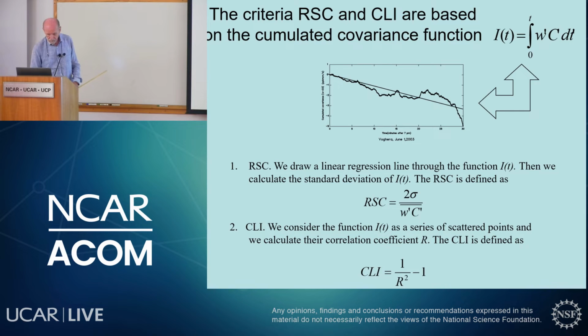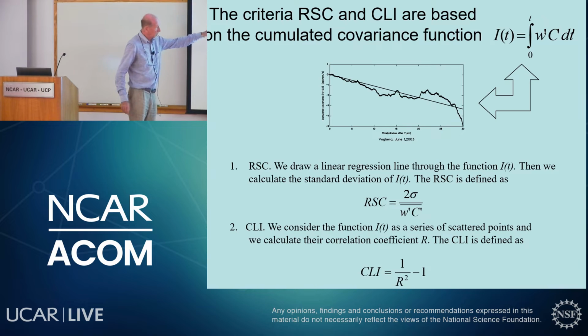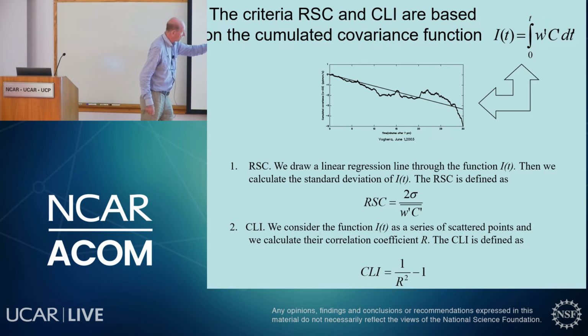Now, to explain, this is a cumulative curve of the covariance for ozone. It's going down because, of course, ozone is going down. And so we draw a linear regression. At the end of the integration period, you obtain the covariance.